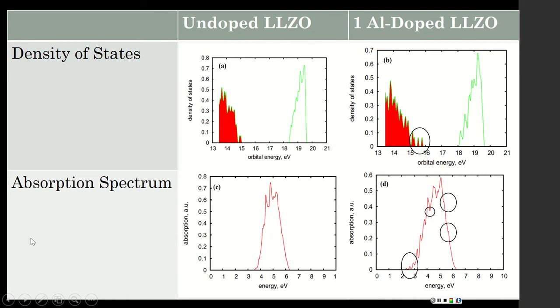So these are the density of state and absorption spectrum for geometrically optimized undoped and 1 aluminium doped structure. If we see the undoped and 1 aluminium doped structures' density of state, we can see that in aluminium doped structures we have some defect orbitals in the band gaps, and I am thinking that these defect orbitals have been created due to the aluminium doping, and the band gap has reduced a little bit, by around 0.2 to 0.5, so 0.4 around.